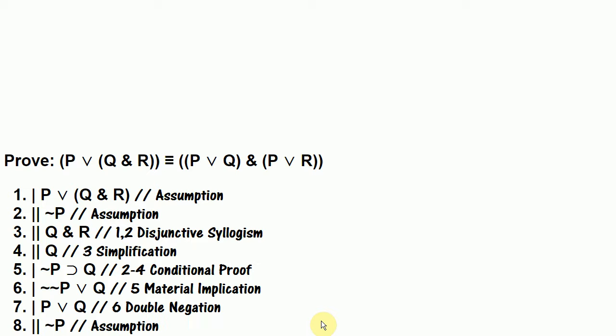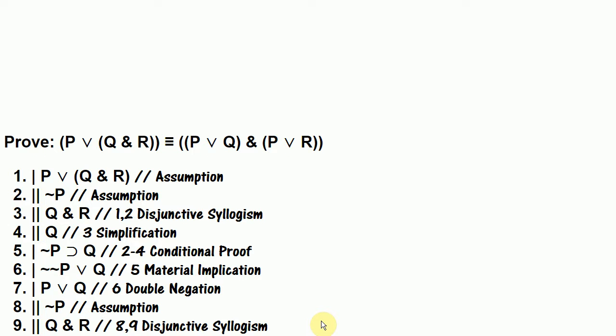And now we assume not P once again. And once again, we get Q and R through a disjunctive syllogism. And that is incorrect here. It's not lines 8 and 9. Okay, I've just corrected the line numbers here. The disjunctive syllogism is from lines 1 and 8.